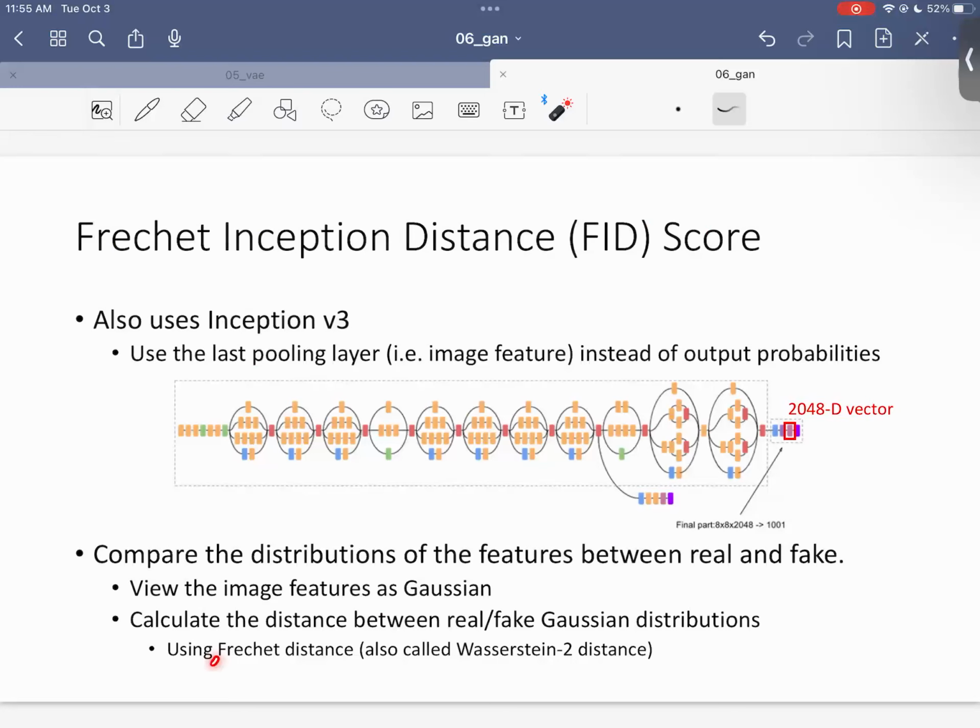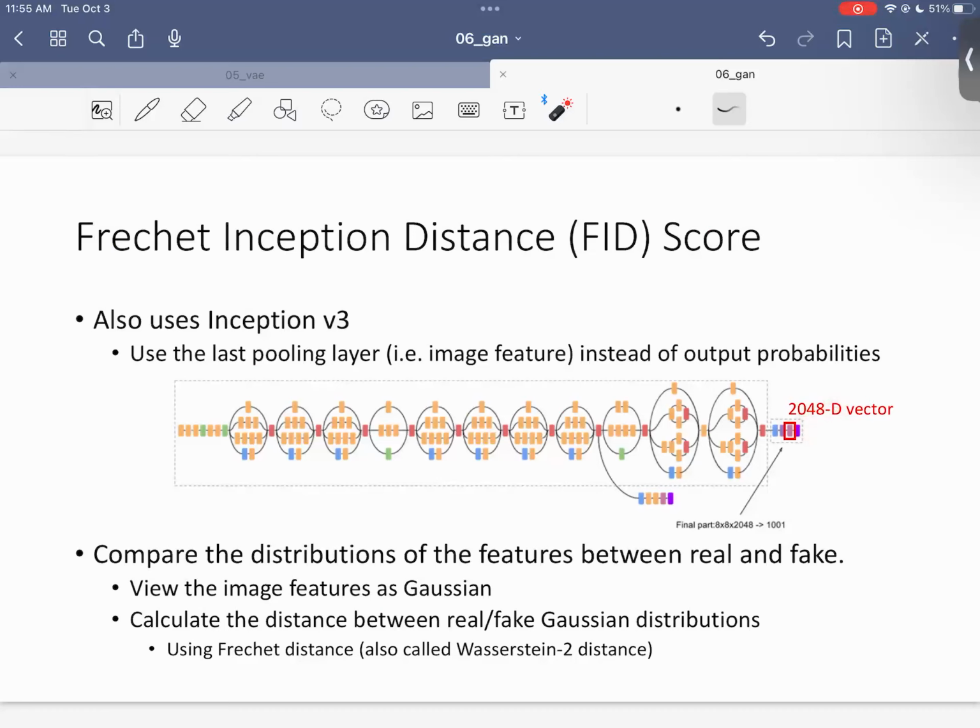This Frechet distance is also called the Wasserstein-2 distance, if you're familiar with this kind of stuff. So we don't use KL, none of that. We use Frechet distance to calculate the distance between the two Gaussian distributions, where one is the real, the z's, and the other is z primes. So we're no longer using the direct output of the 1000 classes.